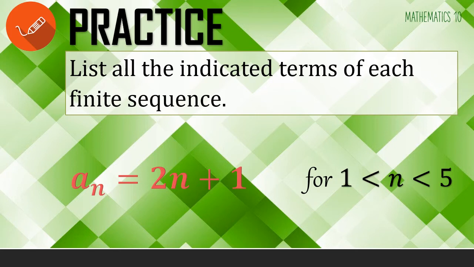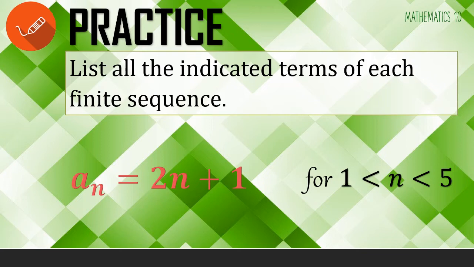So what are the values of n that are greater than 1 but less than 5? You think of those whole numbers greater than 1 but less than 5. So we have 2, 3, and 4.